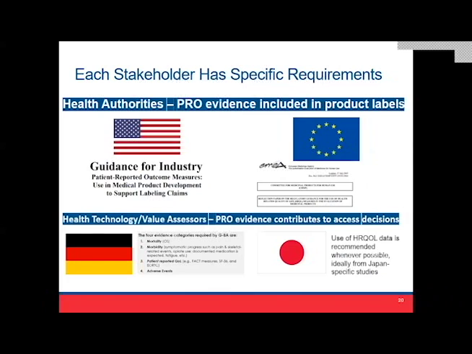It is very important to have the information for the organization in Germany that does that evaluation, which is the GBA. If you don't have that information, you're not likely to be successful in terms of being able to get a product assessed positively.